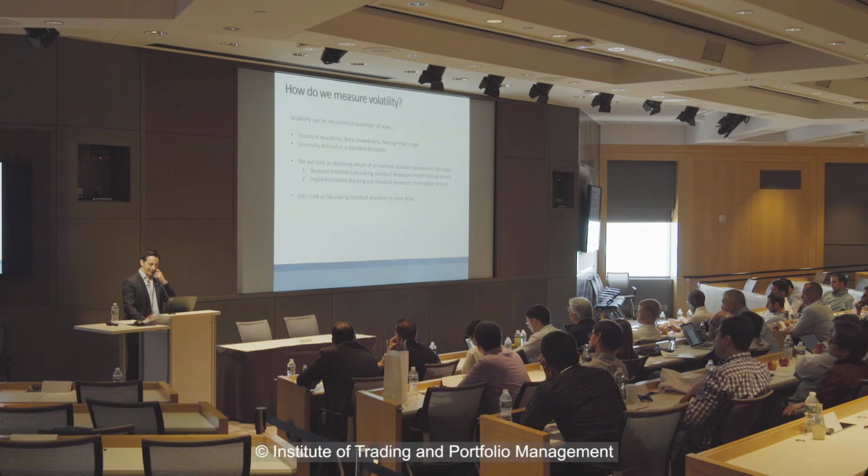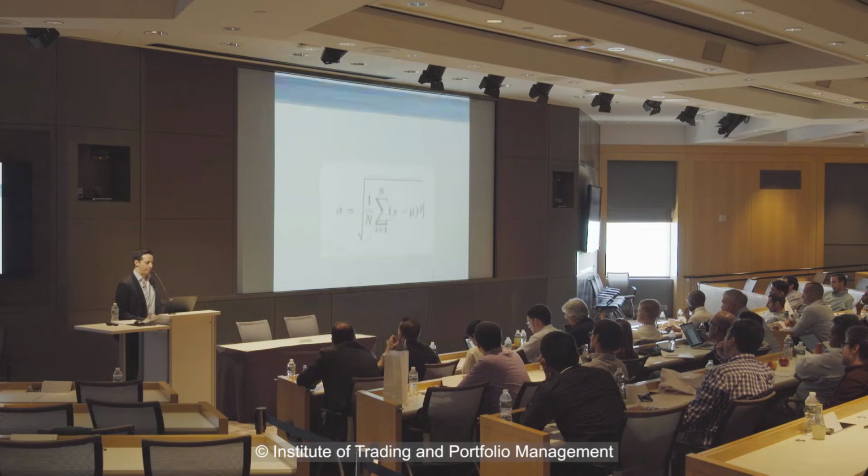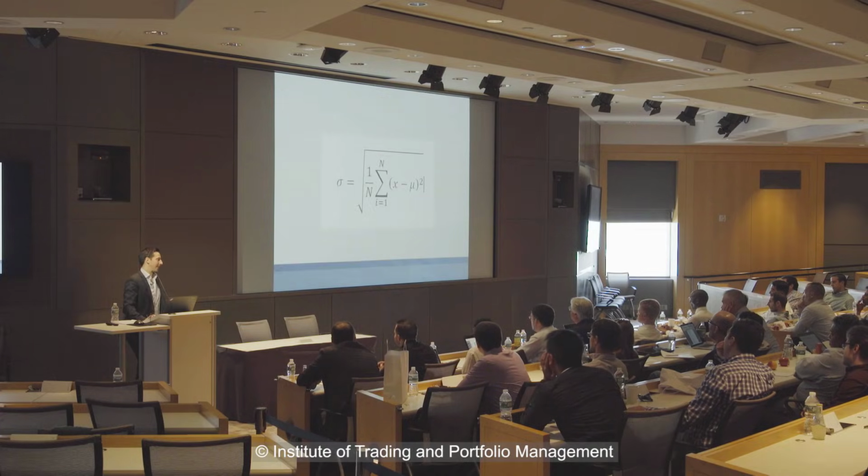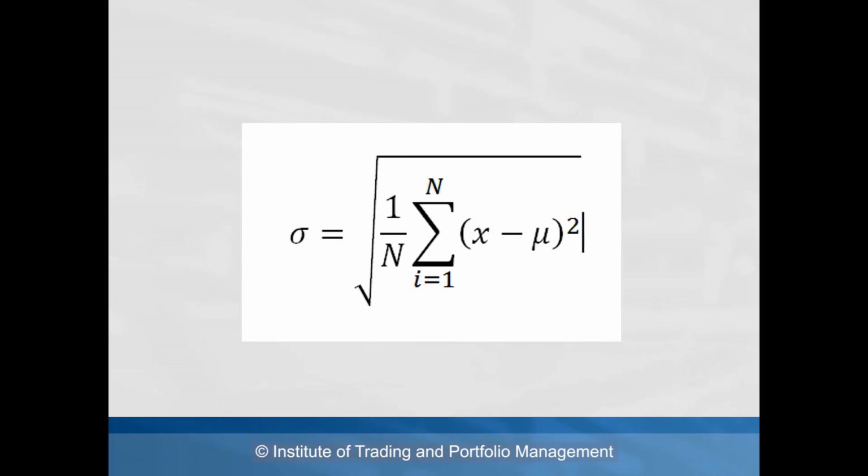So let's look at the standard deviation calculation in a little bit more detail. There it is. Exciting stuff. Fortunately, you don't actually need to understand that equation at all. This is a typical example of a mathematical formula that looks far more perplexing than it actually is. So I don't think it's important that you understand that notation.